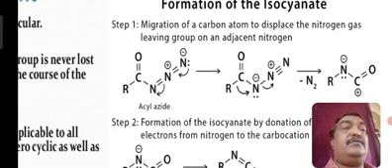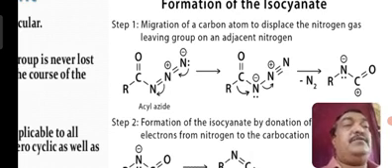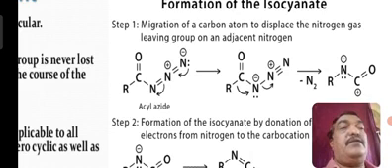Here the lone pair of electrons on the third nitrogen will shift between 2 and 3, and that will become a nitrogen-nitrogen triple bond, and the oxygen will get a lone pair of electrons with a minus charge. Now N2, that is N triple bond N, will be eliminated as nitrogen. At this time the alkyl group of the carbonyl migrates towards the nitrogen. So this is the main mechanism part.